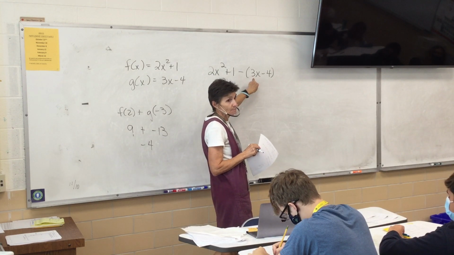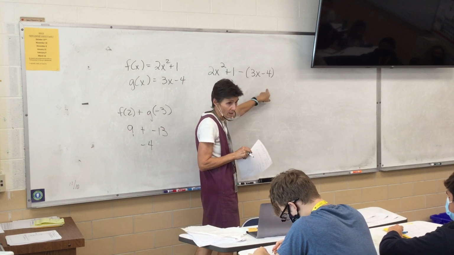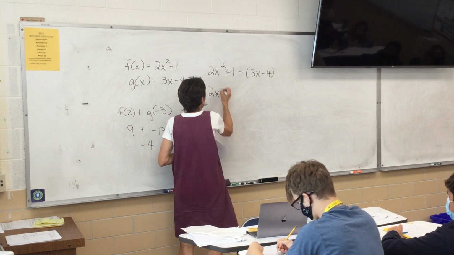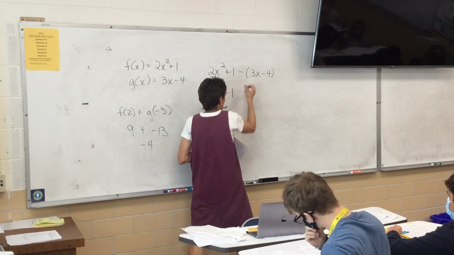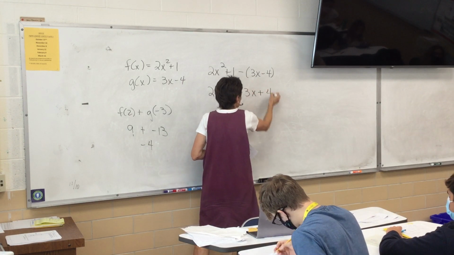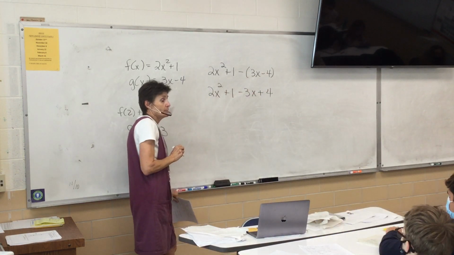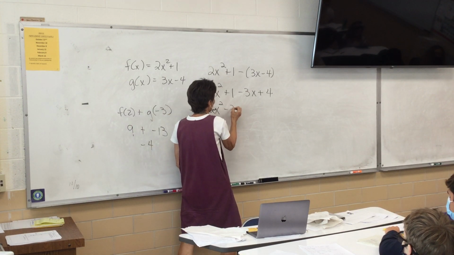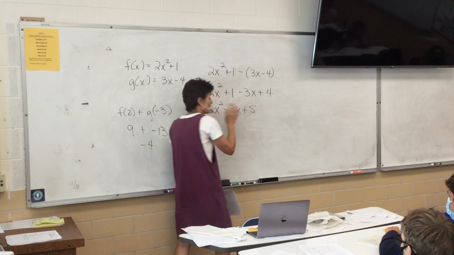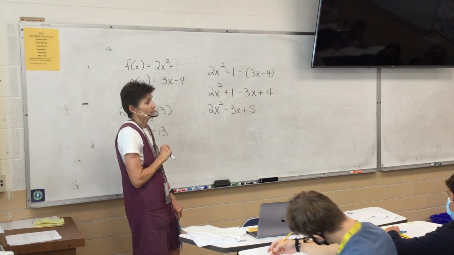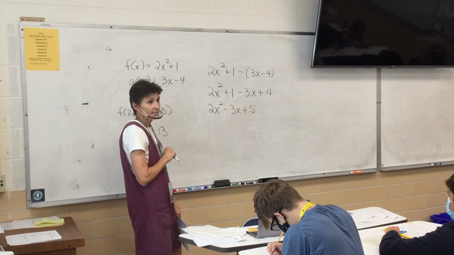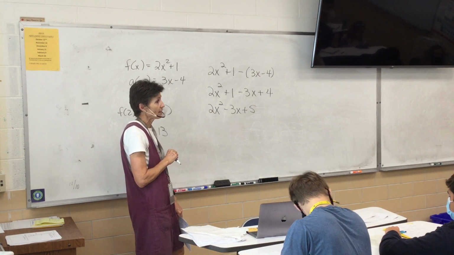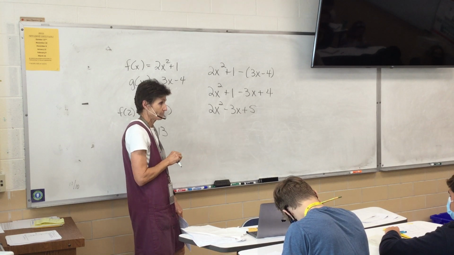Because since we are subtracting the whole quantity, we need to distribute. And then if there are like terms, you should combine them, and then you're done. You don't do anything to that. Once you get your like terms put together, you're done.